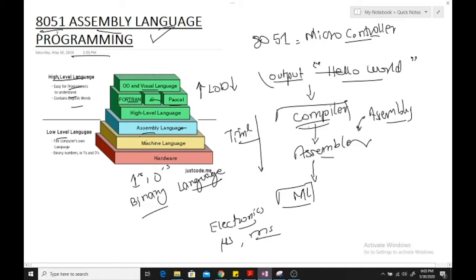It saves a lot of time, and it also saves space as well. It is very fast to execute, so there are a few benefits, and I'm going to write there that it is fast and takes less memory.